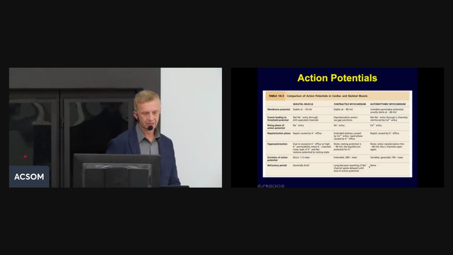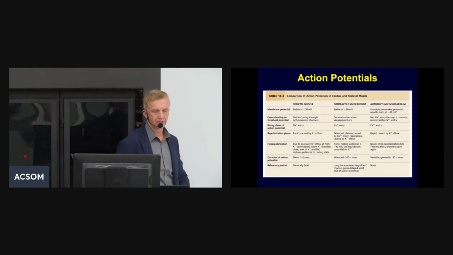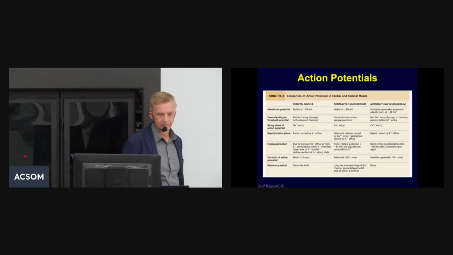This is a comparison again of action potentials between the skeletal muscle, contractile myocardium, and the autorhythmic myocardium. The membrane potential of the skeletal muscle is stable at minus 70 millivolts compared to the myocardium, which is a little bit lower, minus 90 millivolts. And the unstable pacemaker potential usually starts around minus 60 millivolts.